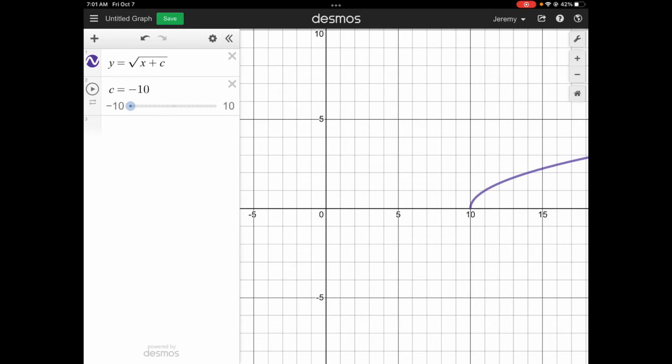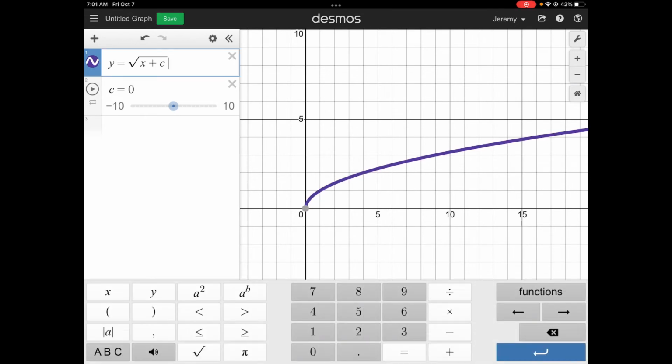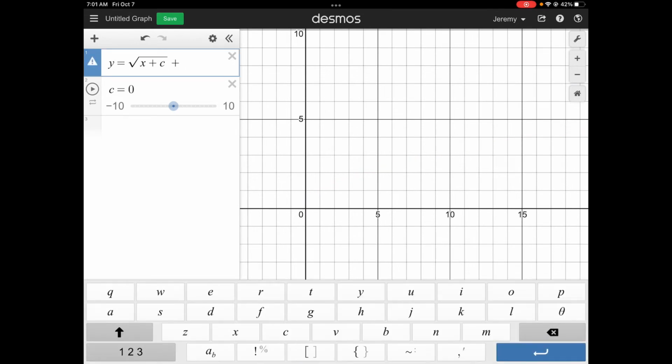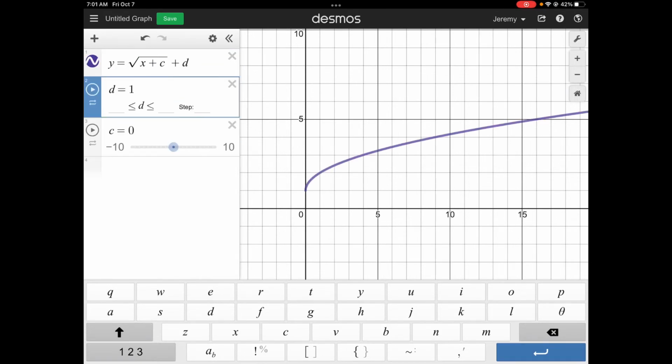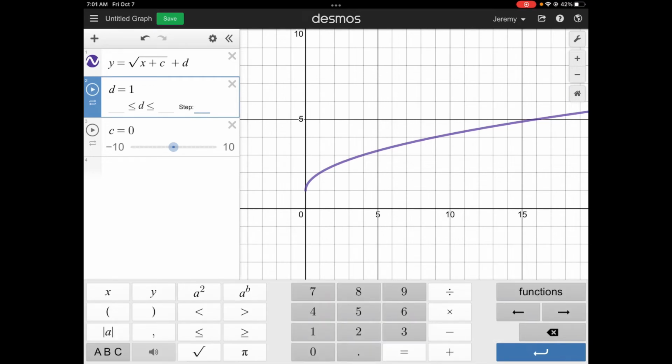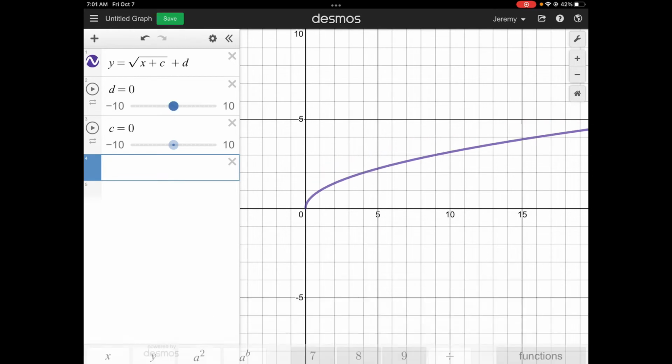Now let's go ahead and put that back to 0. So that's just the square root of x right there. And now I'm going to add in another number that's outside. We'll call that d, and I'm going to make that go by ones. Now watch what happens.